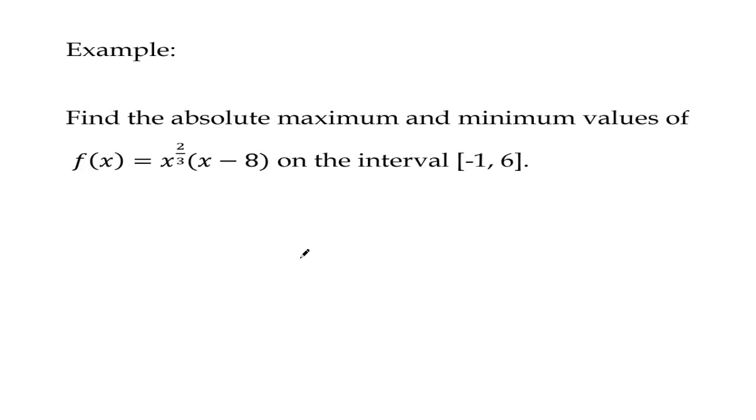Let's take a look at this example. Find the absolute maximum and minimum values of this function on the interval from -1 to 6. Let's look for the critical numbers. Calculate f prime.